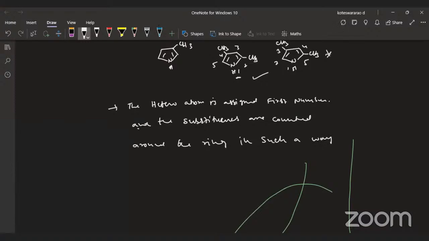In such a way that the substituent should get the smallest number.